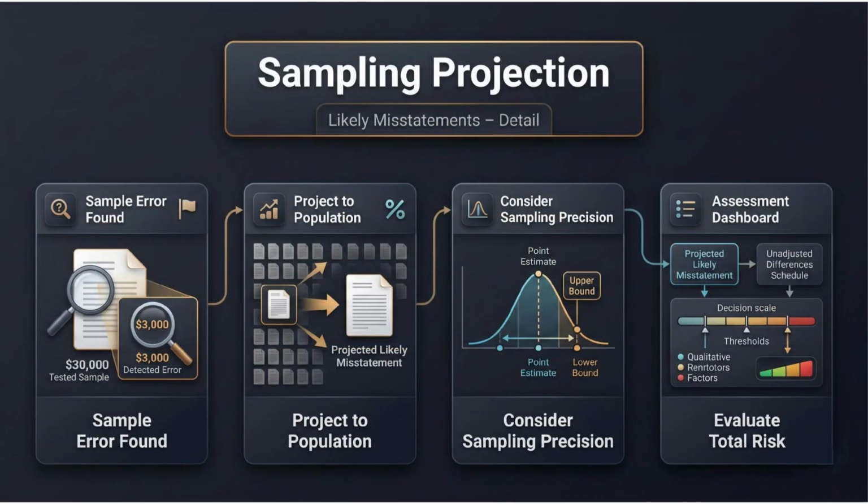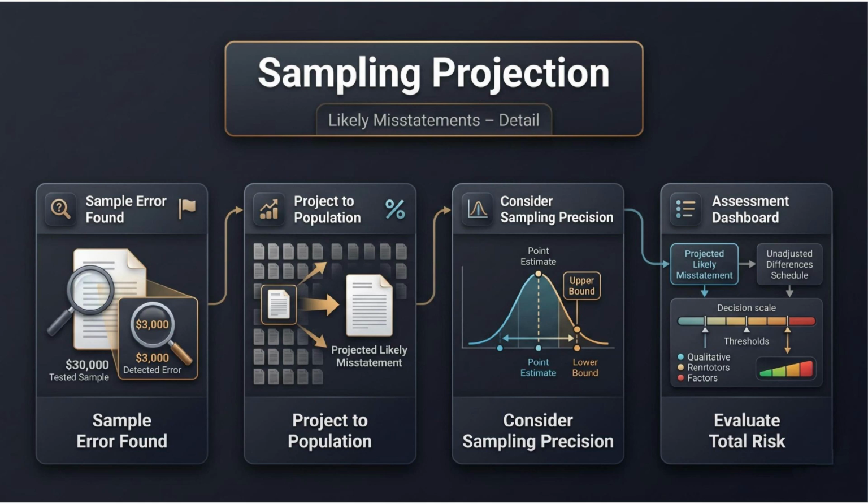Likely misstatements are different because the exact amount requires estimation or projection. There is evidence that a misstatement exists, but the full amount cannot be measured directly. The two common sources are judgment differences and sampling projections. A judgment difference may occur when management's estimate falls outside a reasonable range.